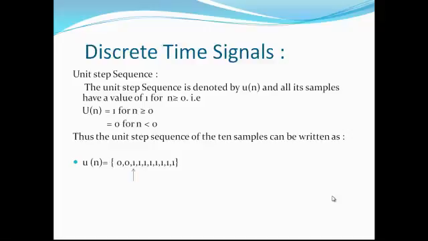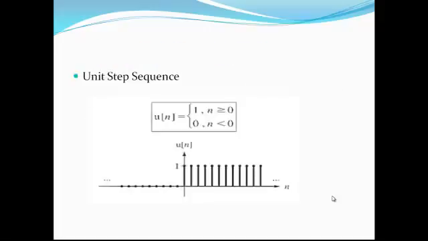Right? Now you have a unit step sequence. This is again the mathematical interpretation of this, but let me explain with the help of a diagram. A unit sample sequence is denoted by delta n, or it's also called the delta sequence. The unit step sequence is denoted by u(n), right?